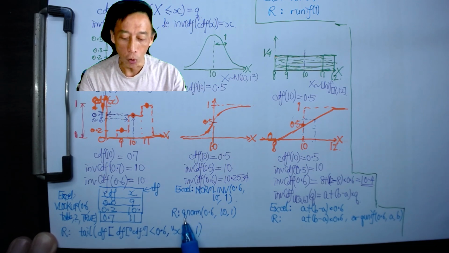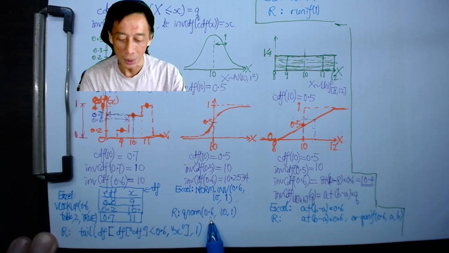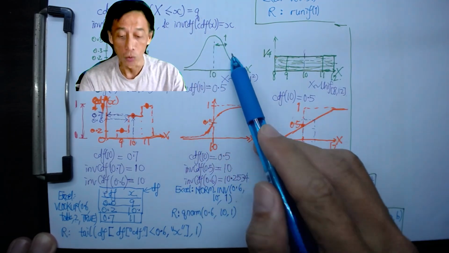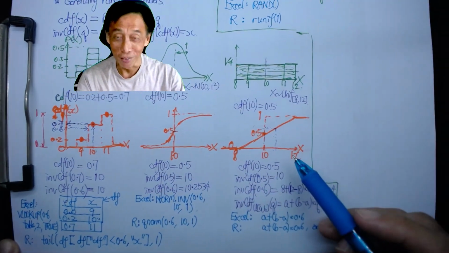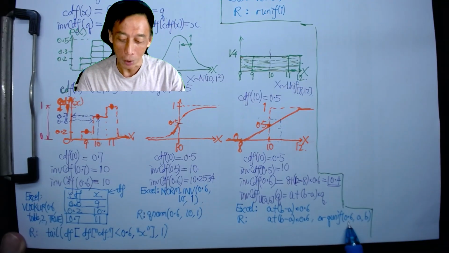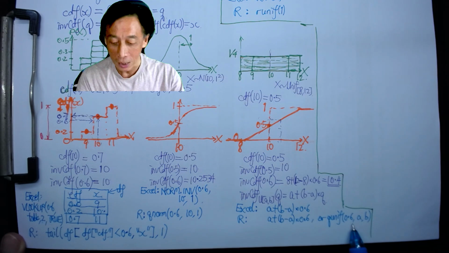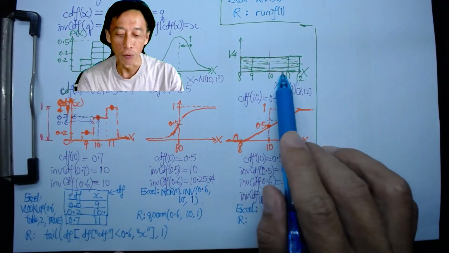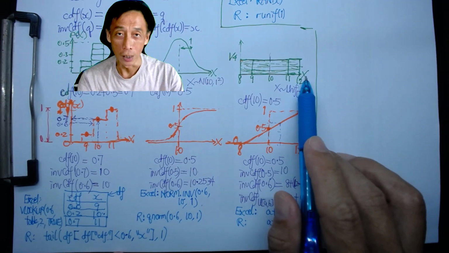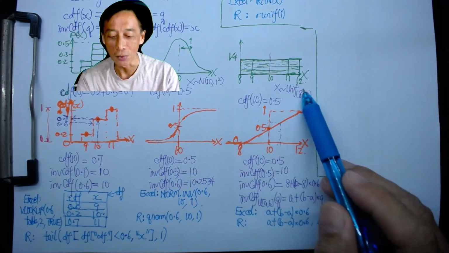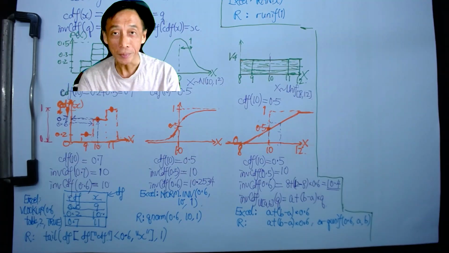For normal distribution, replace the 0.6 here with runif(1), and then you will be getting a bell curve. And for the uniform continuous distribution, replace the 0.6 here or the 0.6 here with runif(1). You will be getting an elongated uniform distribution that is going to satisfy the range requirements.